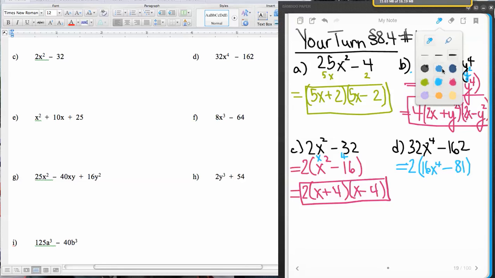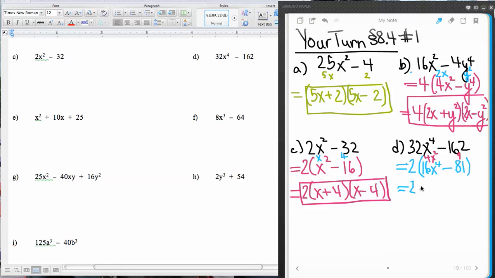And now I do see again that I have a binomial and a difference, and that's a square and that's a square. So I can say that this is 4x squared this time, because the 4th power, right, 4 divided by 2 is 2. And then the square root of 81 is 9, so then I have the roots there.